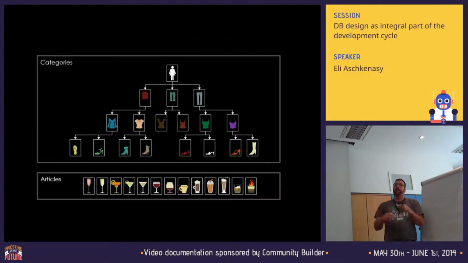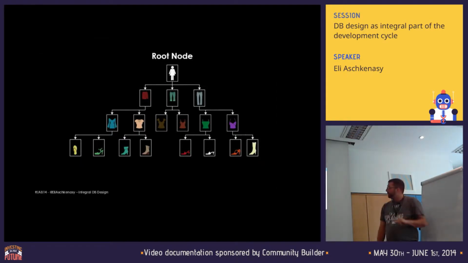Because one item belongs to one category, which doesn't necessarily make sense. But it's viewed as a leaf category. I really want to make sure that we understand to dispel that notion and really think about entities not as leaf nodes in a hierarchy, but as entities that are not necessarily connected. Root node is very simple.